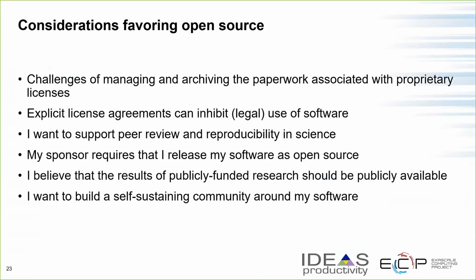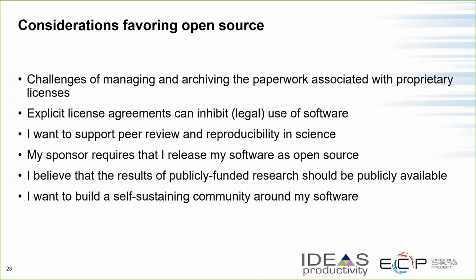Another consideration is that I want to support peer review and reproducibility in science. I think that's a really important thing. So that's a lot easier to do with openly available code. Some sponsors actually require that software be released as open source. I have an example from the Department of Energy. At the end, you can see their terminology for that.